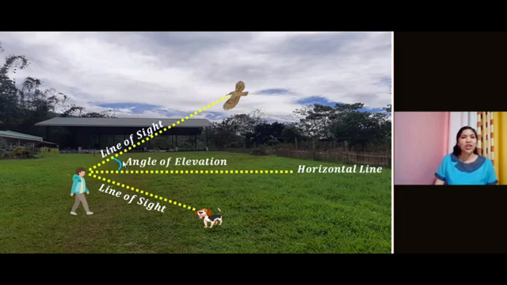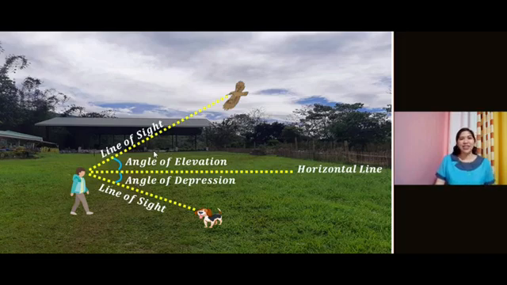And the angle that is formed as you look down, this angle here, is what we call the angle of depression. See, even in our simple life experiences, we can see angles of elevation and depression.